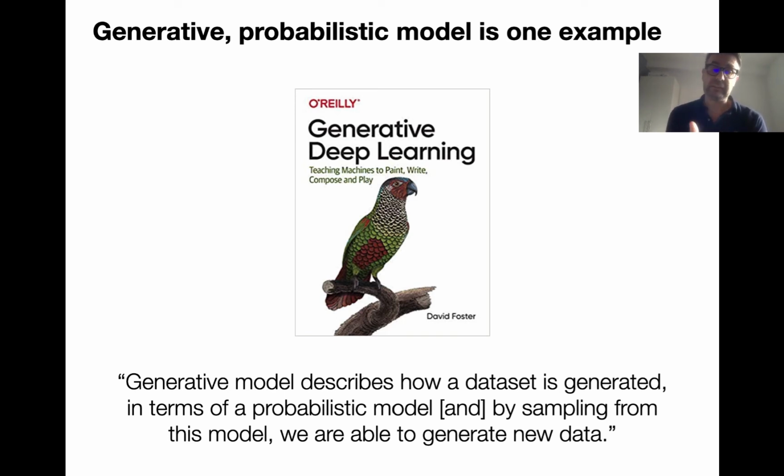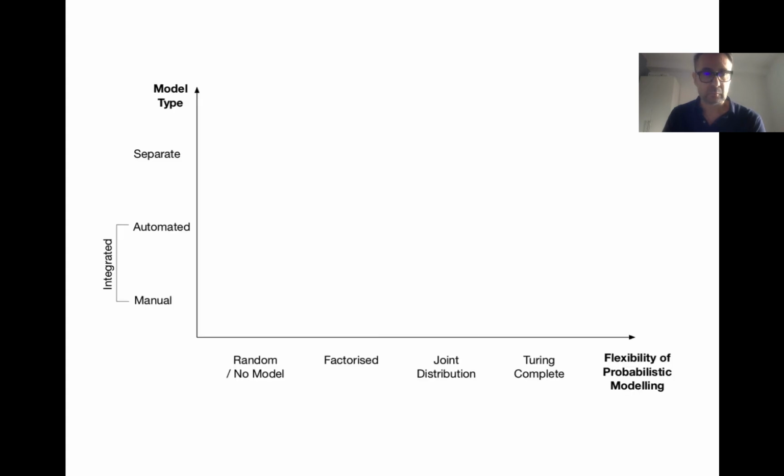So the general idea there is a generative model, as defined by Foster in this book, which describes how a data set is generated in terms of a probabilistic model, and by sampling from that model, we can then generate new data. And we think this is a very natural fit for SBST. And of course, there have been several existing tries in this direction, but we do think that the community as a whole would benefit from considering this more.